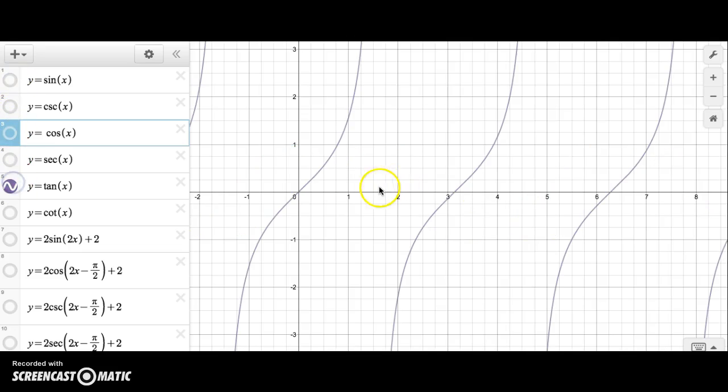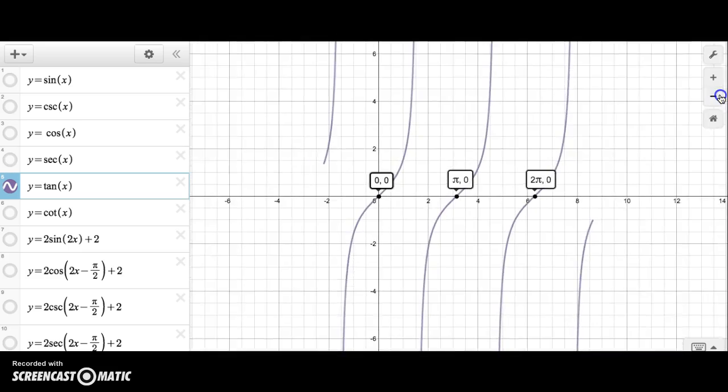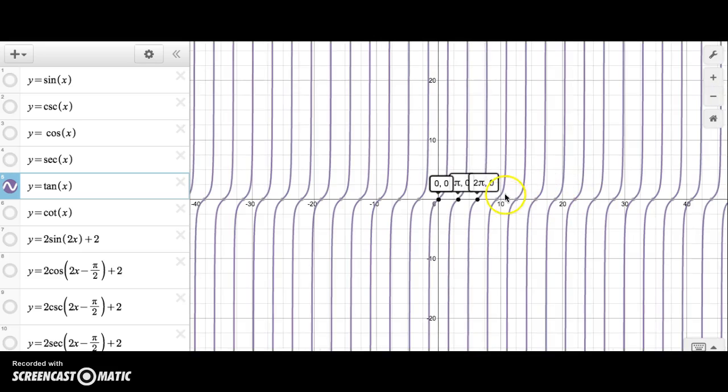Tangent, which is this line, or these graphs, is the result of putting sine over cosine, or y over x. And they also go on forever. Okay? And each one is just an interval of pi away, or 180 away.